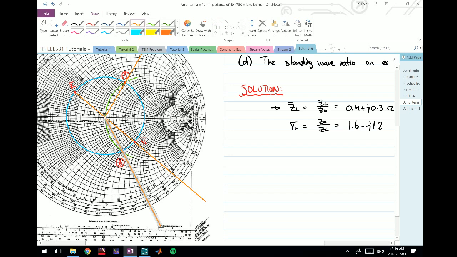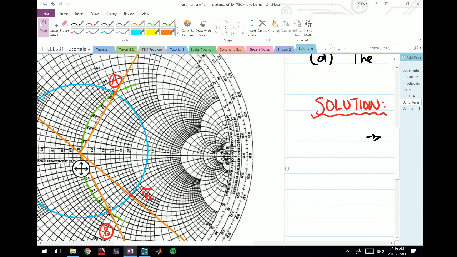So then we have another point here. That's A and that's B. These are my lines for A and B. If I zoom in, you can't really see it because the lining is kind of thick.